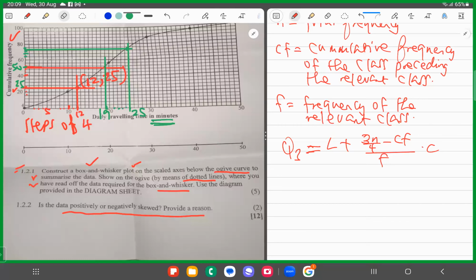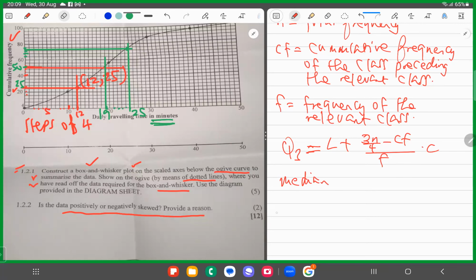But I want to also speak about something: sometimes you might need to find the median. What is the formula for the median? Your teacher might not have given you this, but you can learn it and surprise your teacher when the question comes.